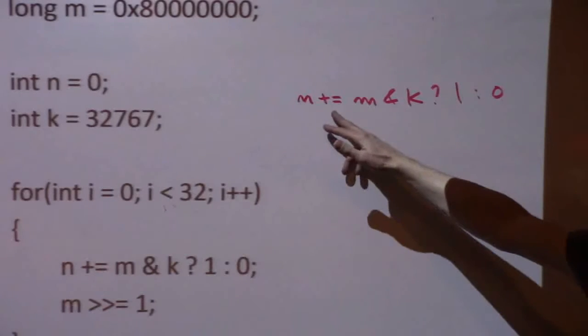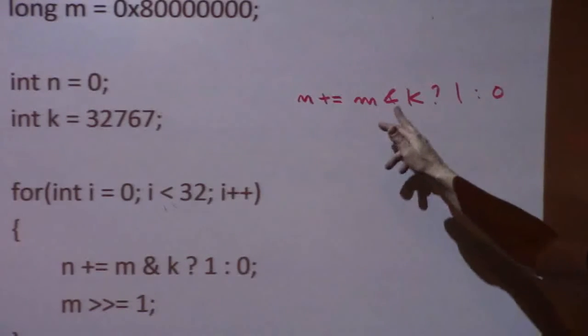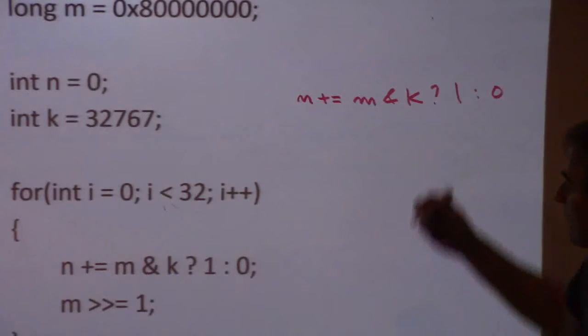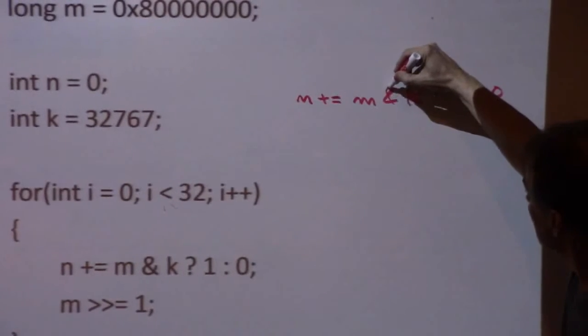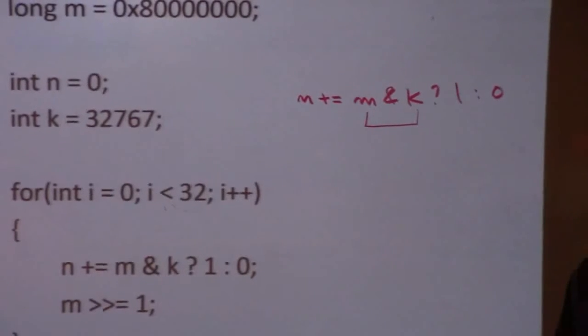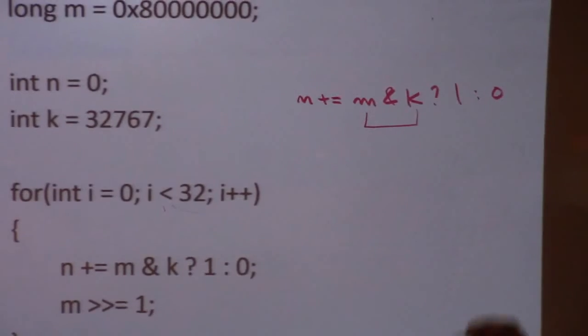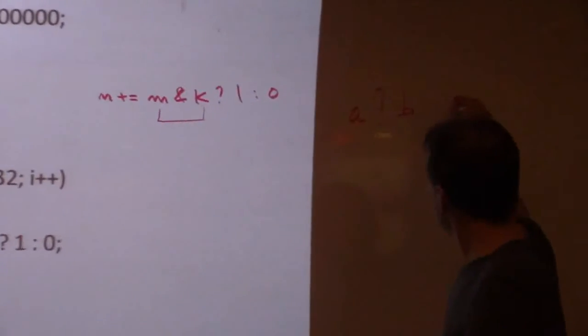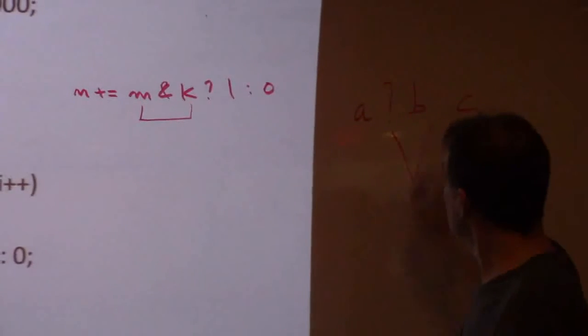Okay, so this is the least important one. So that means this is going to be more important than the conditional. So therefore, when we do this expression, the first thing we're going to do, yes? Okay, now, what we have here is A ? B : C. This is called a conditional operator.